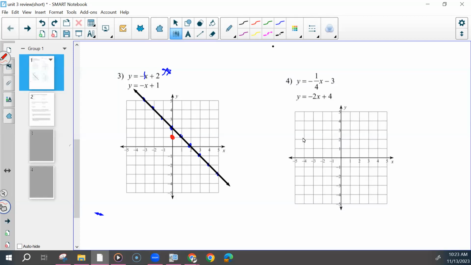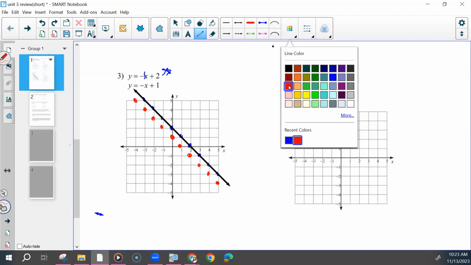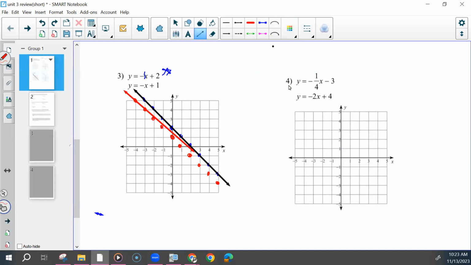So down 1, right 1 as many times as possible, up 1, left 1 as many times as possible, draw in those points. And draw in that line, connect the points, make your line. Do those intersect somewhere? No.